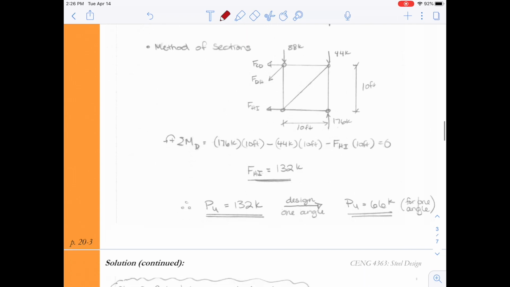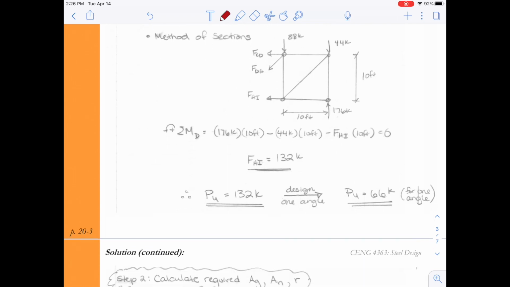We then move through a method of sections. So we go back to statics class. We pull out method of sections, come up with the most efficient way to solve for F HI. Remember, all the loads that are on this method of sections have been factored. So that means the ultimate force in the member will be 132 kips.